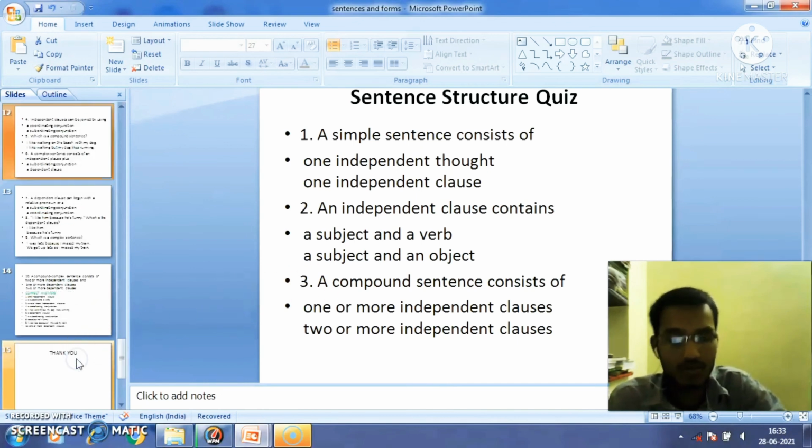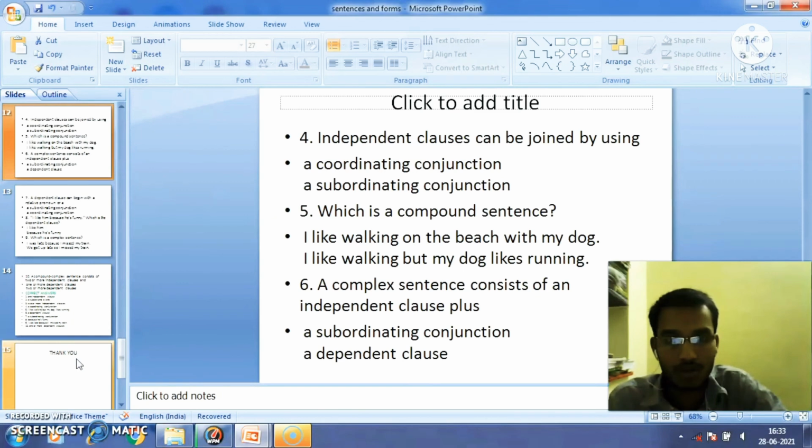Then the fourth question, a dependent clause can be joined by using a coordinating conjunction or subordinating conjunction. Coordinating conjunction is the right answer. Which is a compound sentence? Here the right answer is I like walking but my dog likes running. It is a compound sentence.